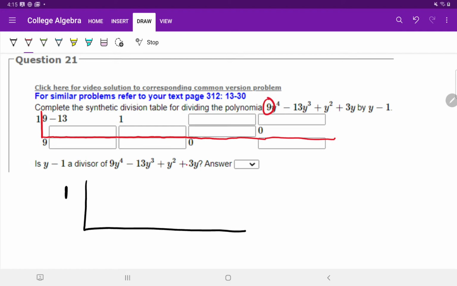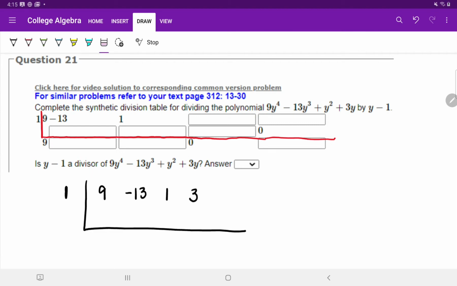So we've got a +9, and that was for our y to the 4th term. Then we have a y cubed, that's -13. Then we have a y squared, that's coefficient 1. And then we have a plus 3y, that's coefficient 3.